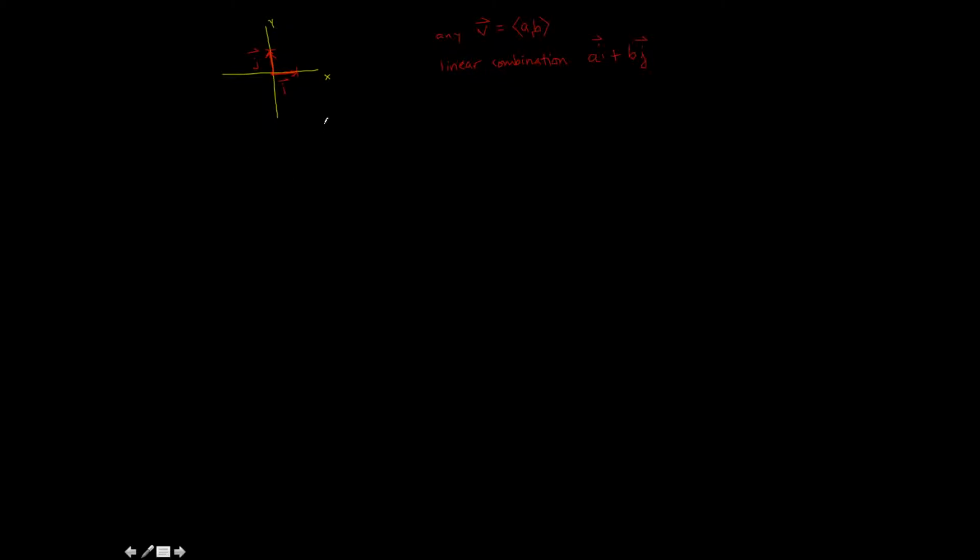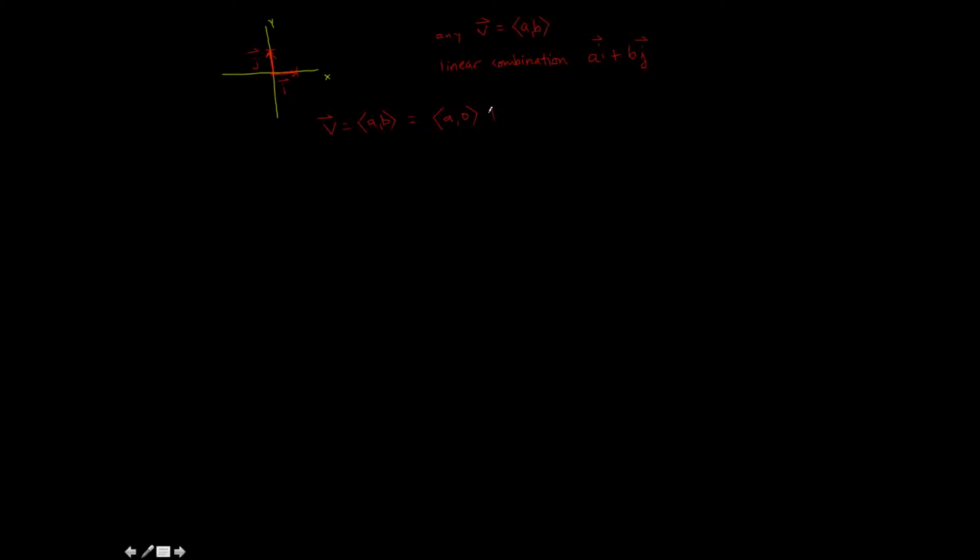So here's what I mean. If we have vector v, which is a, b, and we want to write it as a linear combination of these two vectors, in terms of i, we would write it as a, 0, because notice i is on the x-axis where y is 0.